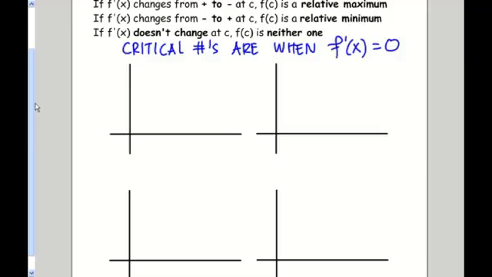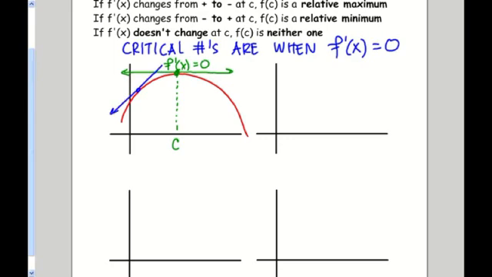On one hand, you've got a relative maximum. So here's our critical number. I've got this value c that corresponds to this point where the derivative is 0. If I take a look at the derivative to the left and to the right of c, I can see that over here, my derivative is greater than 0.